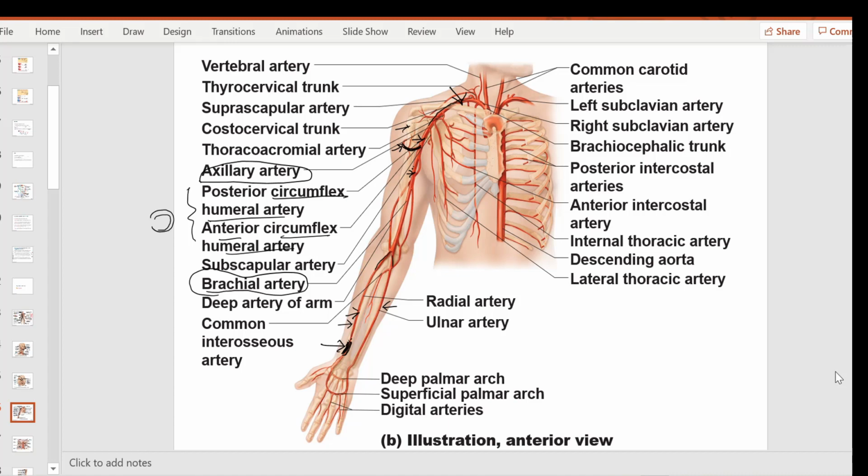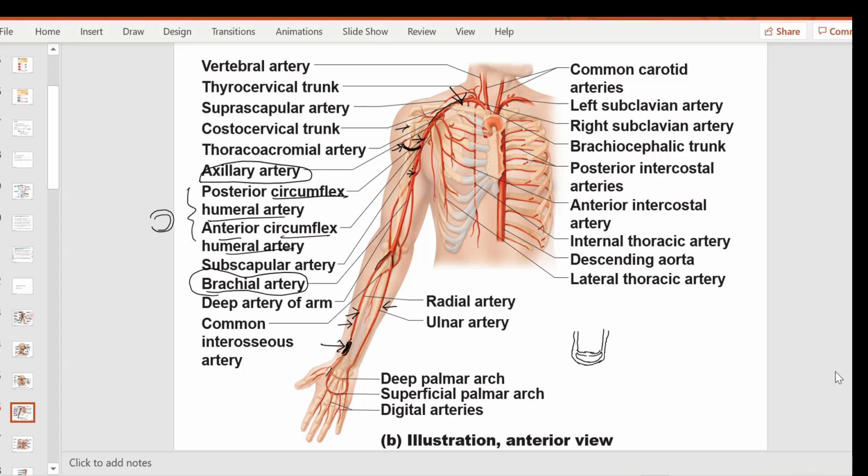Okay, and then the radial and ulnar arteries, they divide like this. So this is the radial artery, this is the ulnar artery, and they divide like this into two branches. Okay, and join together those two branches, and form two arches.